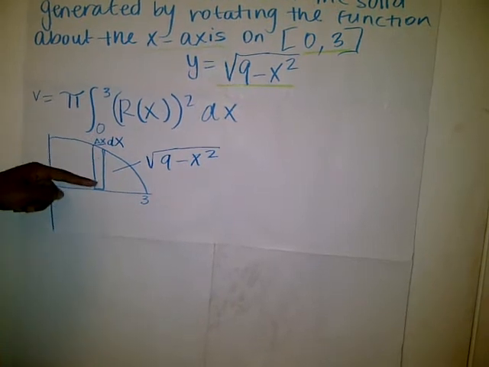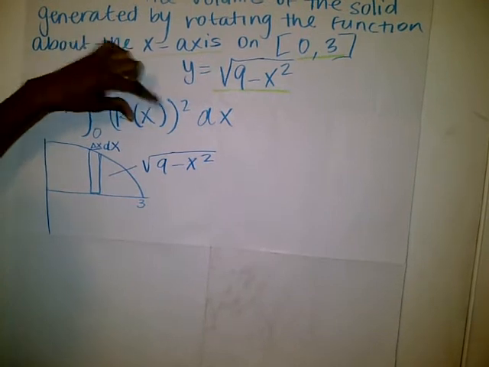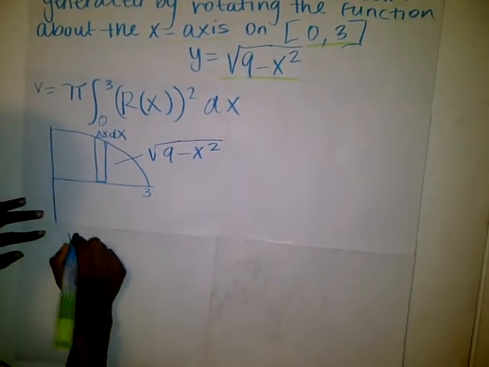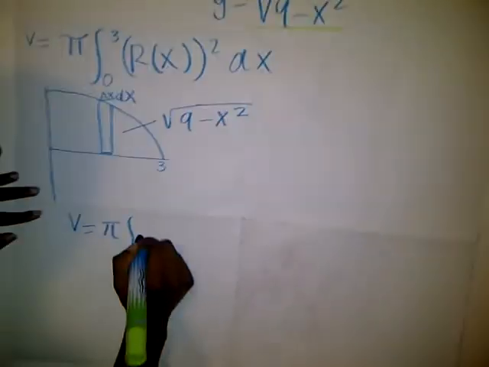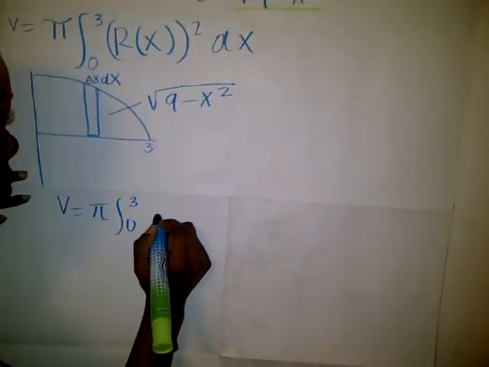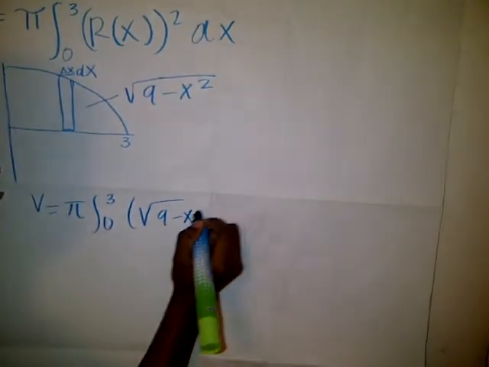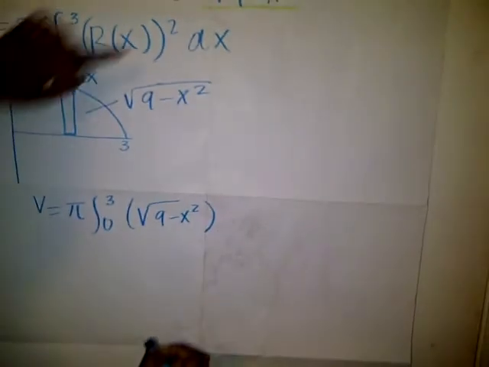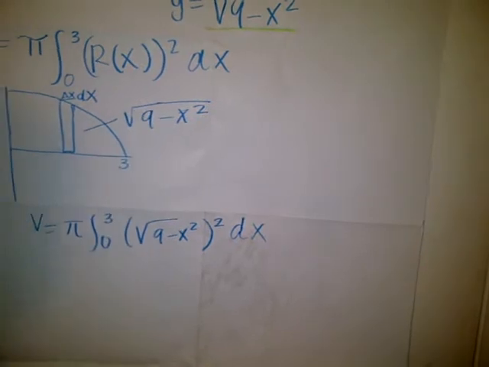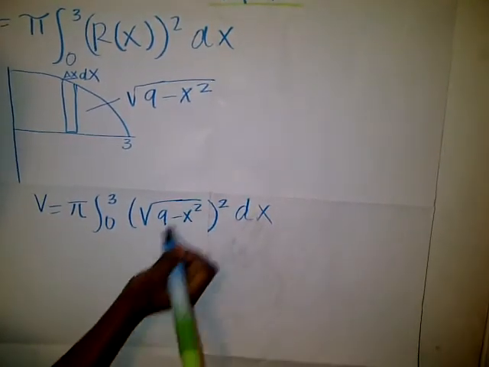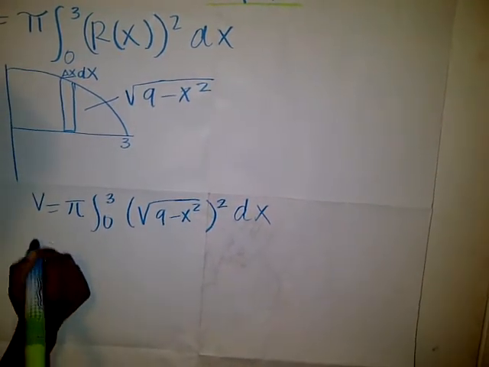Now this function here can be plugged in as our radius here. And don't forget that all is squared, dx. And when you square a square root, you get the same value under the square root.